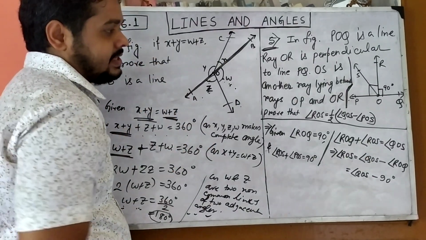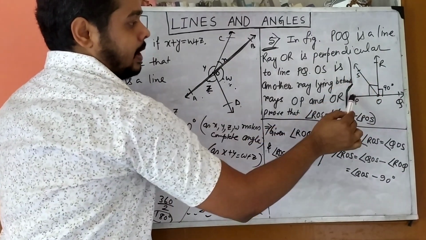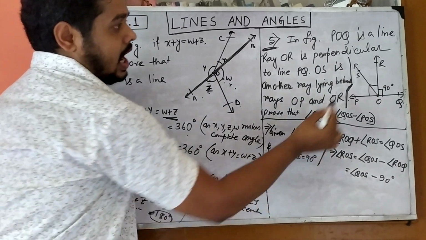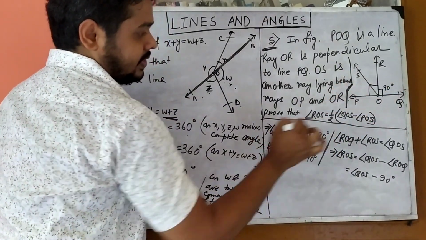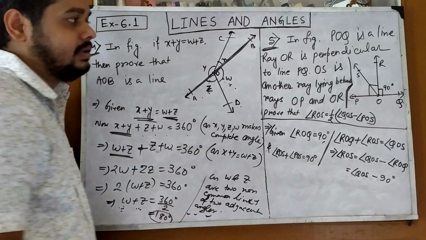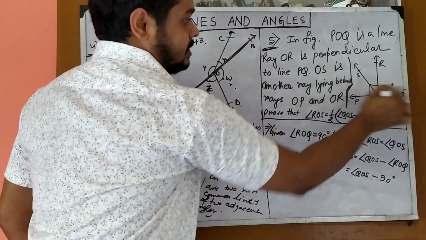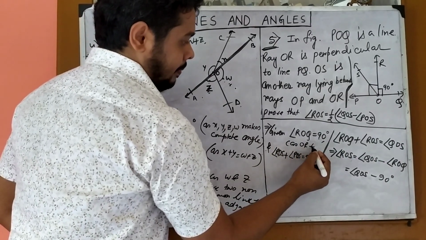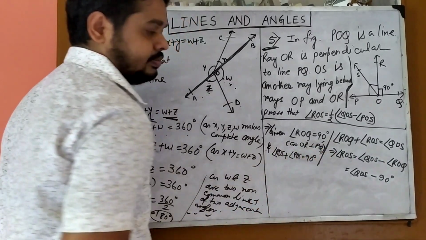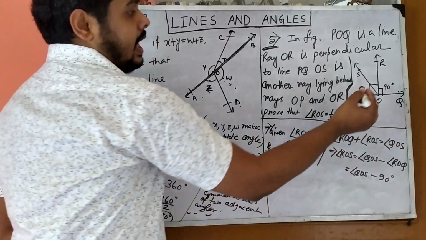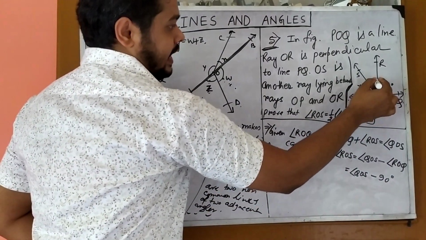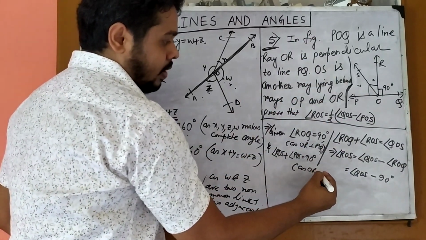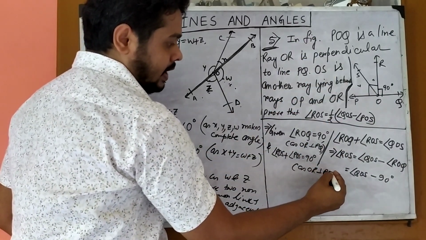Given that OR is perpendicular to PQ, so simply we can write ROQ equals 90 degrees. Why? As OR is perpendicular to PQ. Clear? And the sum of these two angles is also 90 degrees, for the same reason, as OR is perpendicular to PQ.